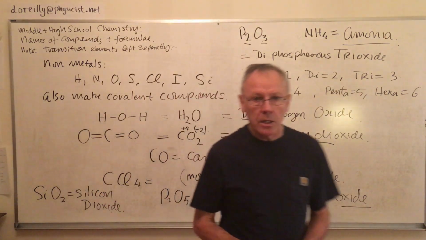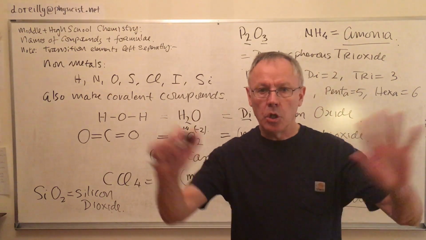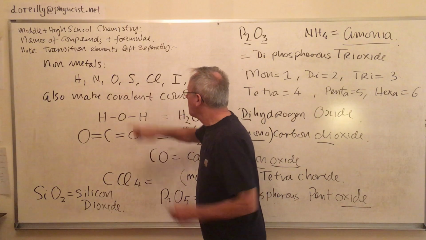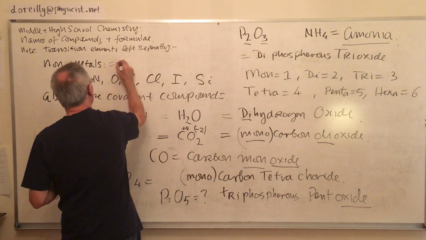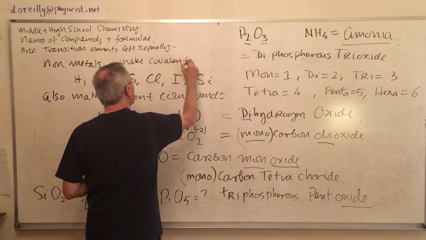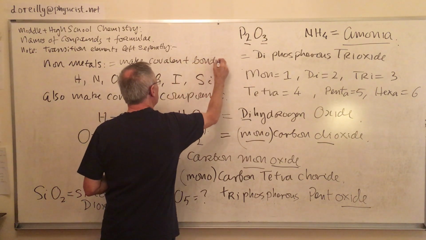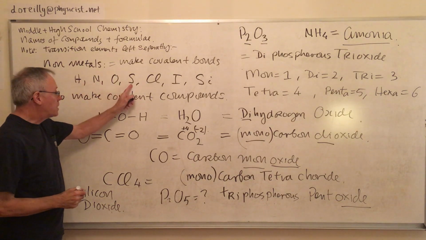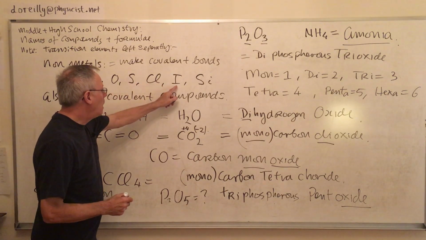When we want to name covalent compounds, covalent means no metals in there. No metals, covalent compounds. Non-metals bonds or compounds, and here they are: hydrogen, nitrogen, oxygen, sulfur, silicon.